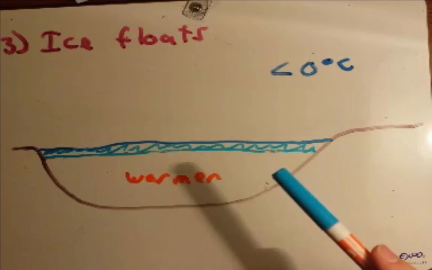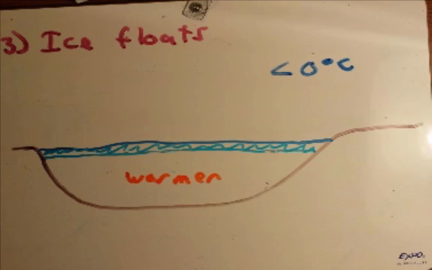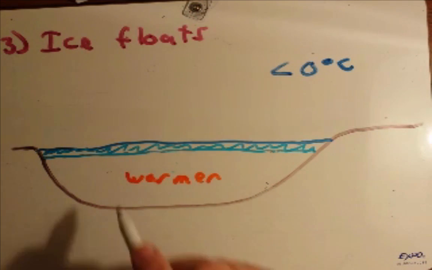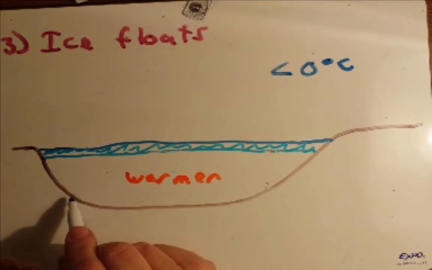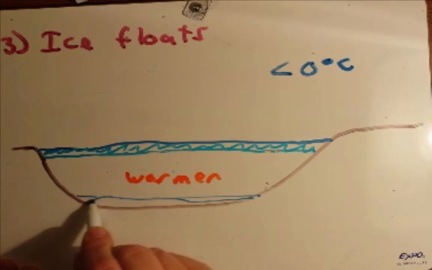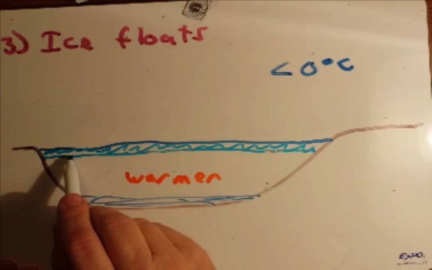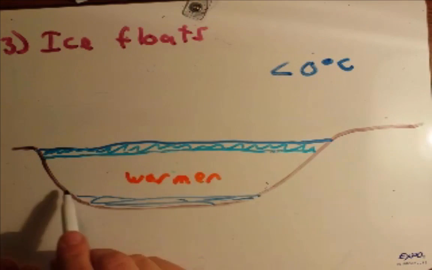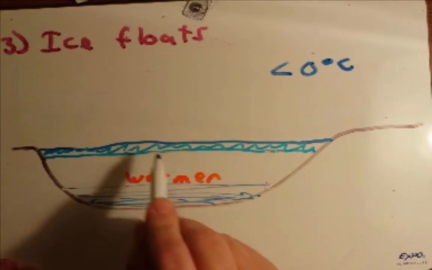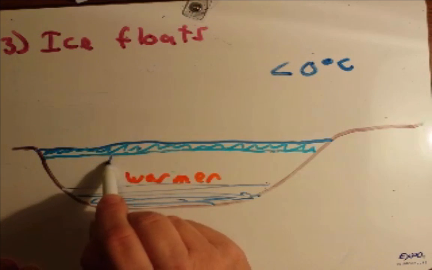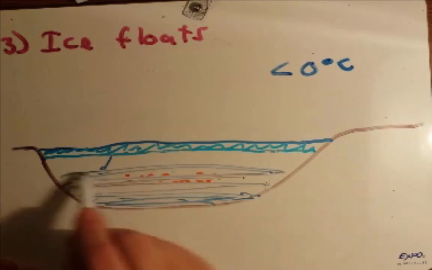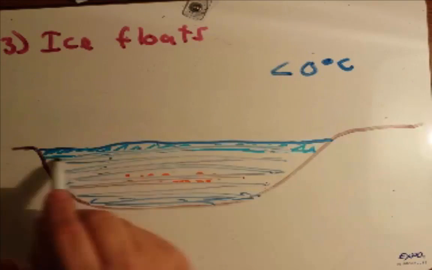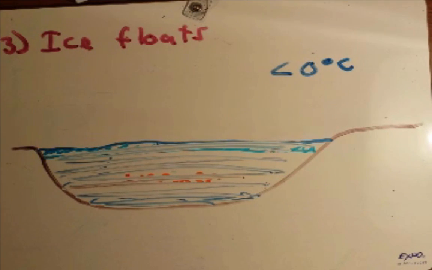If ice was more dense than water, what would happen is as this top layer froze, it would sink to the bottom. Then the next layer on the water would freeze, and it would sink to the bottom. Then the next layer would freeze, and then it would sink to the bottom. Next layer, and it would constantly happen like this until the whole lake or pond was frozen.